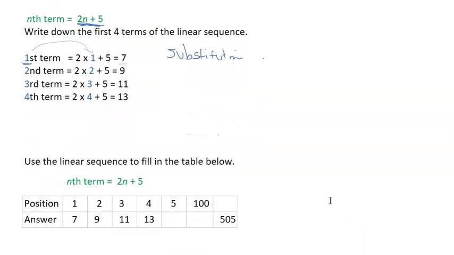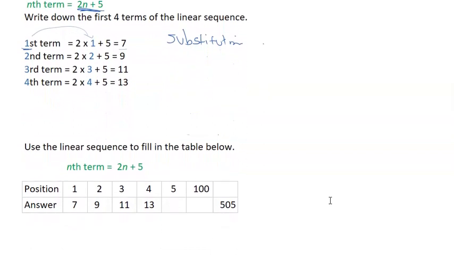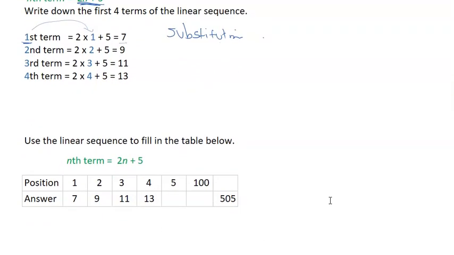You can use the linear sequence to fill in a table, and a table really helps you to organize your thoughts with this. So if you put the 1 there in the first one, you can substitute it into the formula. So it'd be 2 times 1 is 2 plus 5 is 7, and then the answer goes immediately underneath.